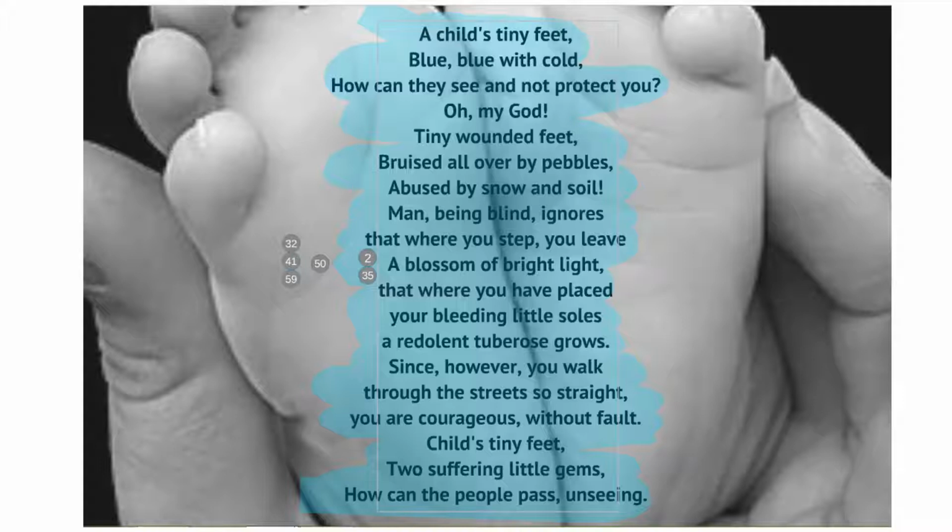Man, being blind, ignores that where you step, you leave a blossom of bright light, that where you have placed your bleeding little souls, a redolent tuberose grows. Since, however, you walk through the streets so straight, you are courageous without fault. Child's tiny feet, two suffering little gems, how can the people pass unseeing?